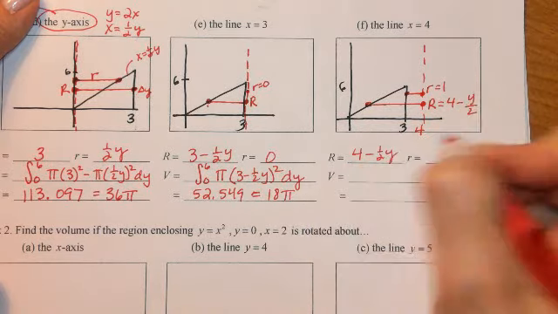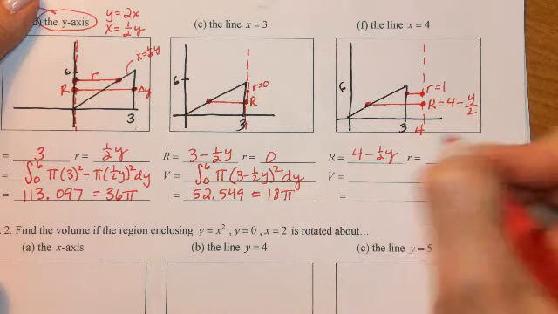So I'm going to draw that region, and I'm going to draw it so that I can revolve it around the x-axis. So the region looks like that. That's our region. And then we want to begin by revolving it around the x-axis.